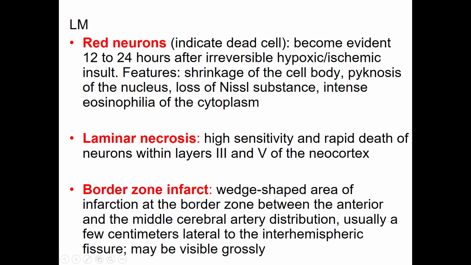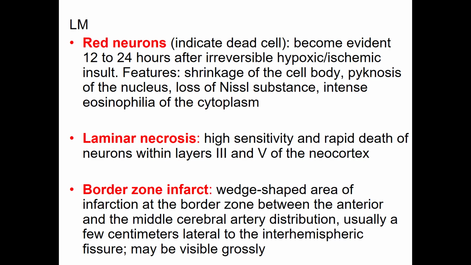What do we see under the microscope in these conditions? So an early change is the so-called red neuron change. These indicate cells in the process of dying. You know, the road to death and demise. They become evident between 12 and 24 hours after irreversible hypoxic ischemic injury. There is shrinkage of the cell body, so the overall cell size is decreasing.